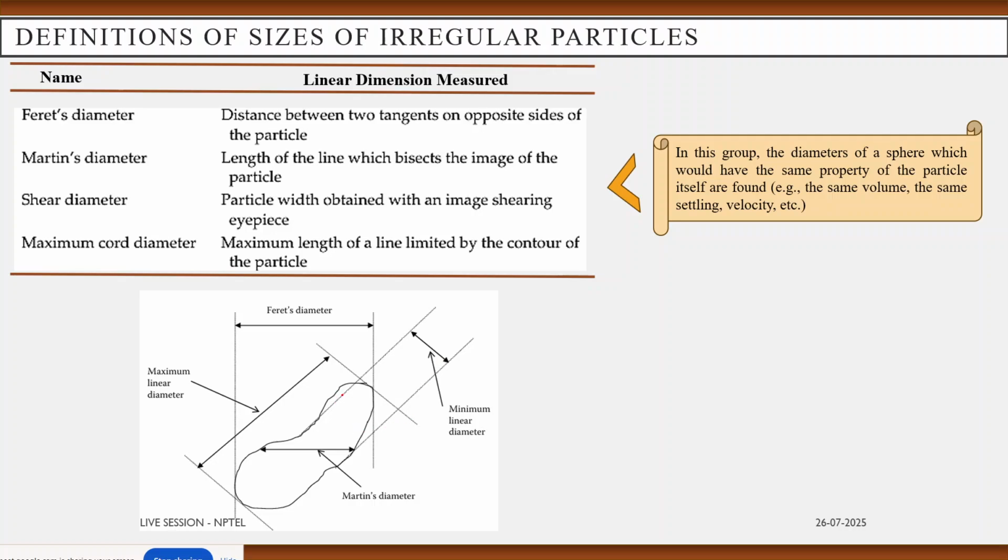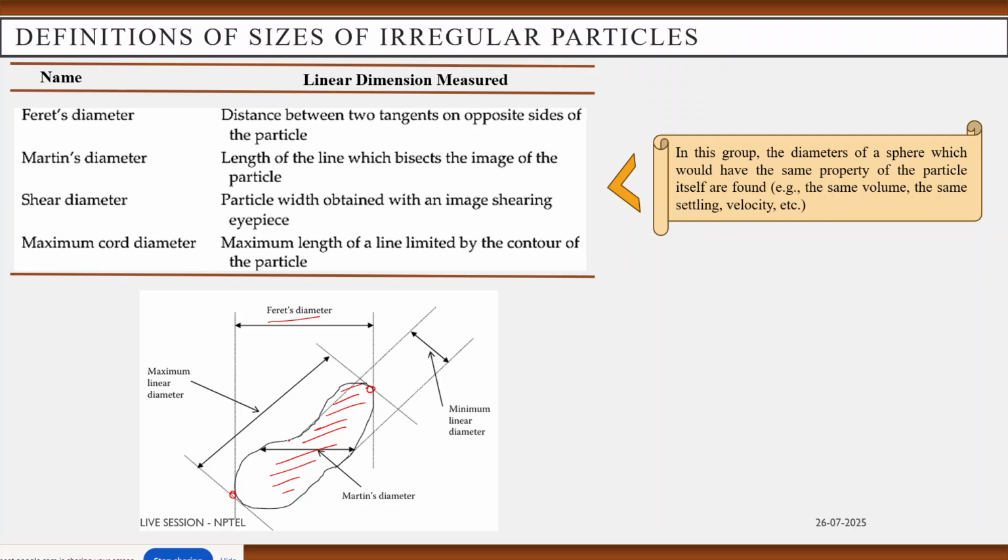Suppose this is an irregular shaped particle. Now the Feret diameter is calculated as the tangent to tangent distance. Drawing tangents at two opposite points, the linear distance between them is measured as the Feret diameter for any irregular shaped particle.